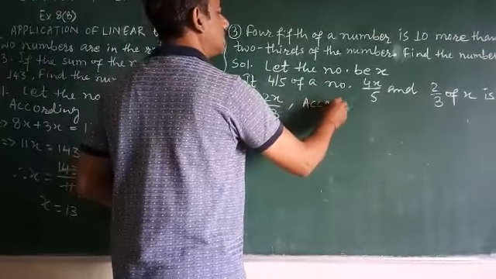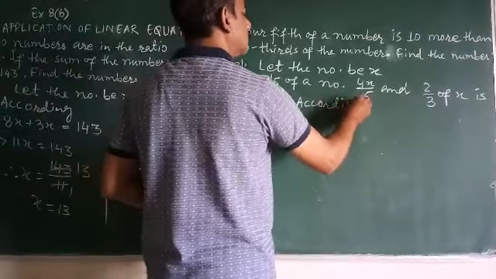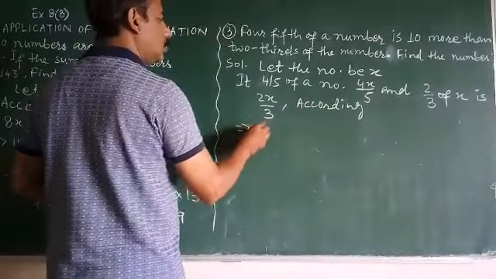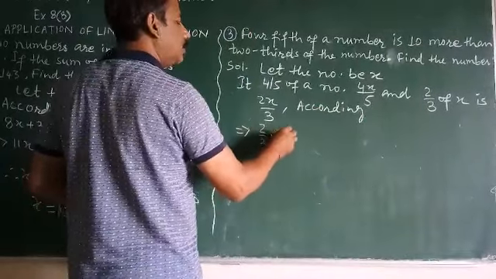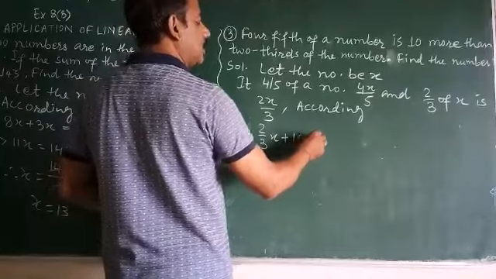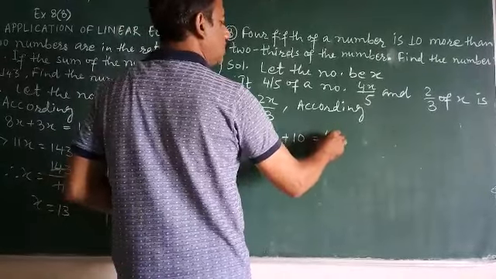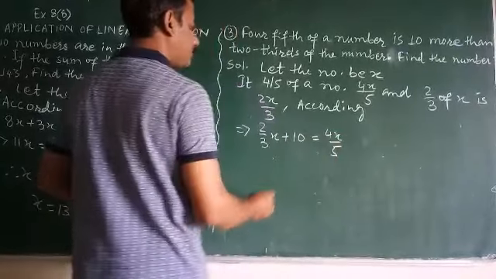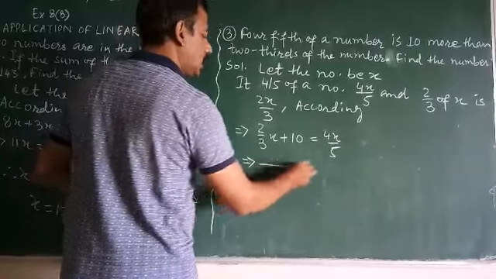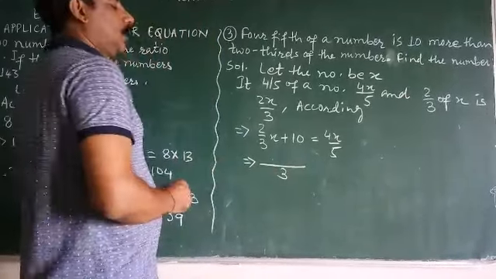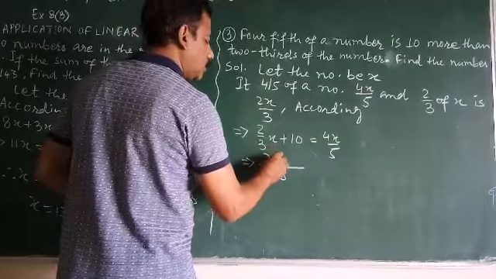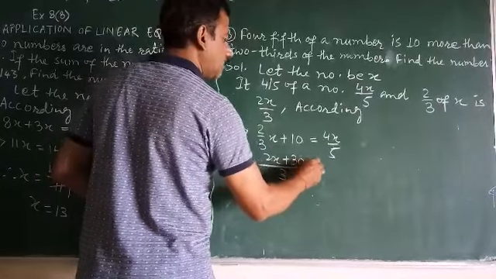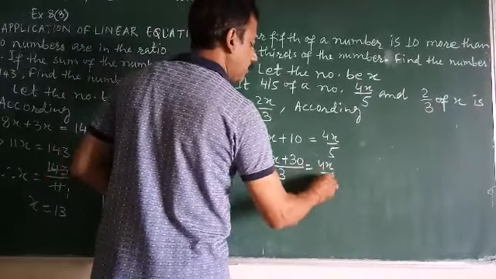Accordingly, two-thirds of the number plus 10 is equal to 4x by 5. That is, 3 is the LCM: 2x plus 30 over 3 equals 4x by 5.